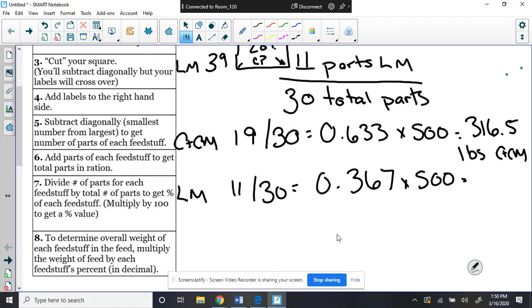Again, making sure you put in those labels is very important because the whole reason you're doing this is to make sure that your animal gets a properly rationed meal. And if you don't put those labels in and you flip them, you've completely changed how much of that nutrient that animal is getting.